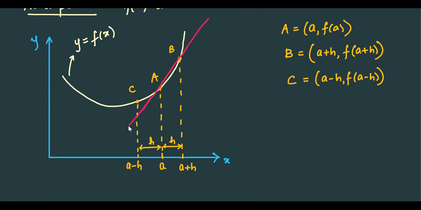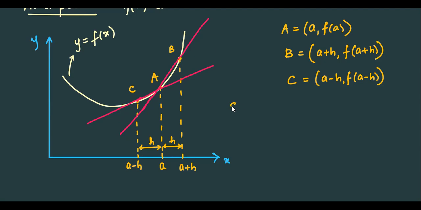It becomes a secant. This is called the secant. Now AC also I join, and I'll get another chord.